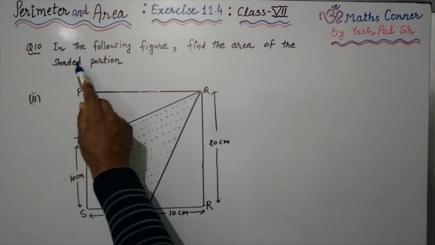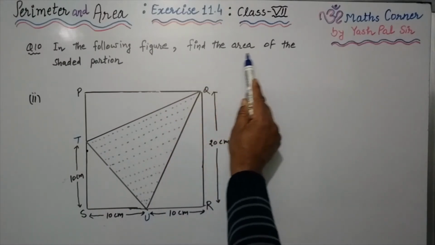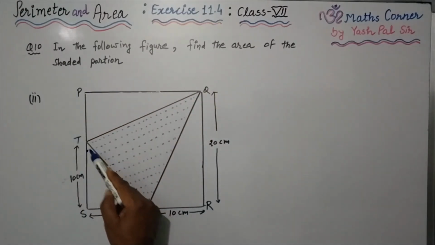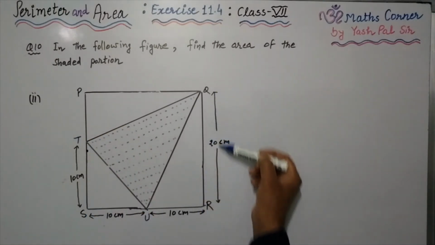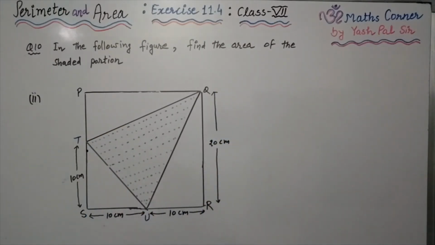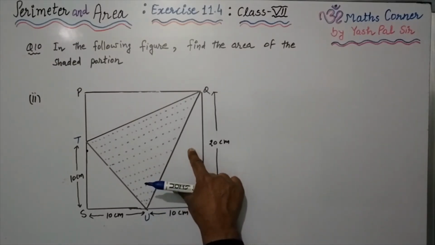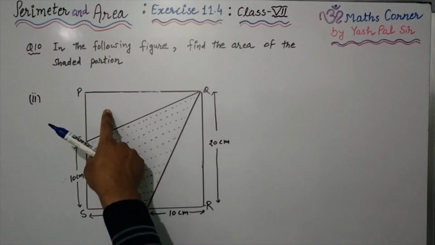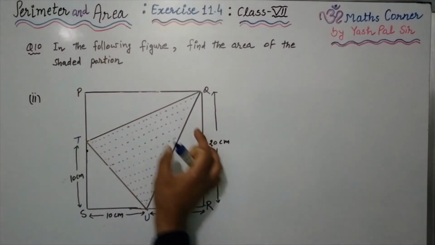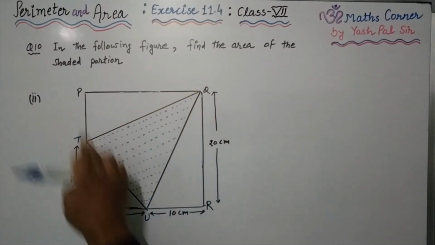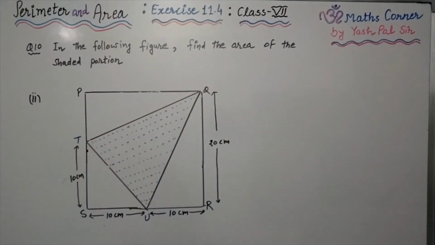Now second part, question number 10. In the following figure, find the area of the shaded portion. We see that this is a square. 20 centimeter is the length of the square. So here, these triangles are the same, because this is 10 centimeter, this will also be 10, this is a square, so 20 centimeters.